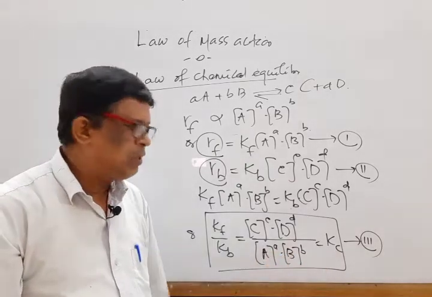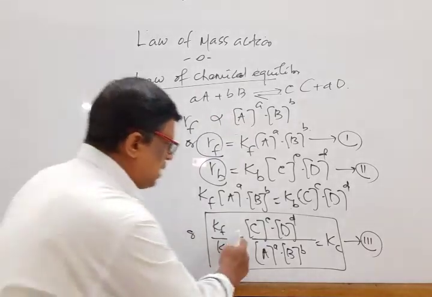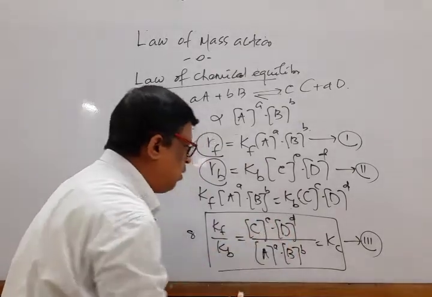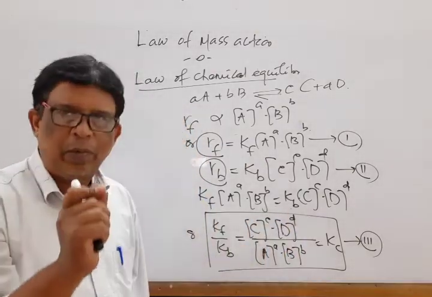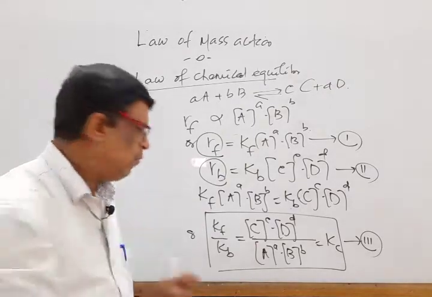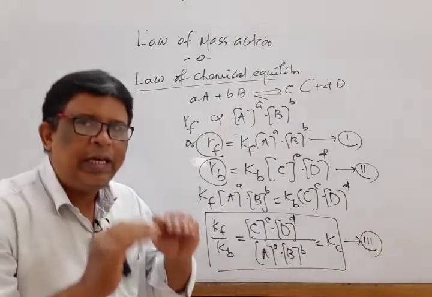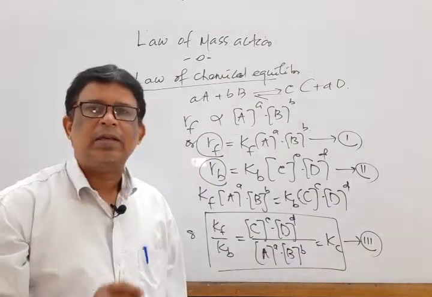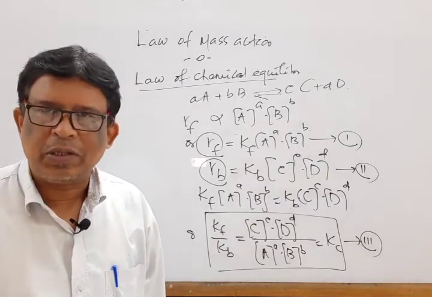So from equation 3, the law of chemical equilibrium may be defined as the ratio of the product of molar concentrations of product species, each raised to the power equal to its coefficient, to the product of molar concentrations of reactant species, each raised to the power equal to its coefficient, is a constant known as the equilibrium constant.